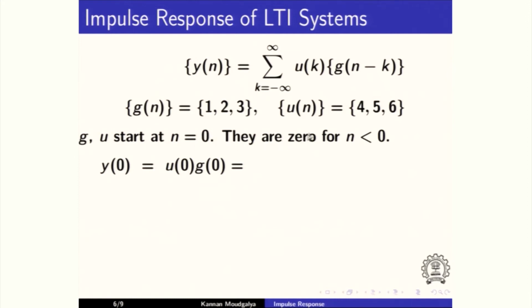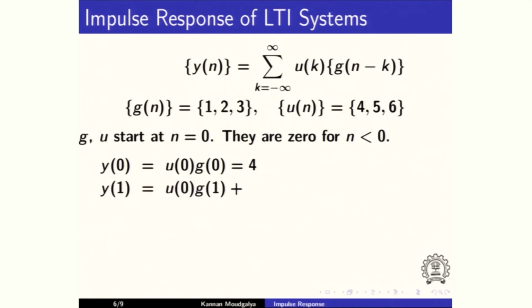Similarly, before here u is 0. So for negative values it is 0. Only way we can produce 0 as the sum is if we allow both u and g to take 0. So we obtain the value to be 4 by multiplying u of 0 is 4, g of 0 is 1, multiply this you get 4.